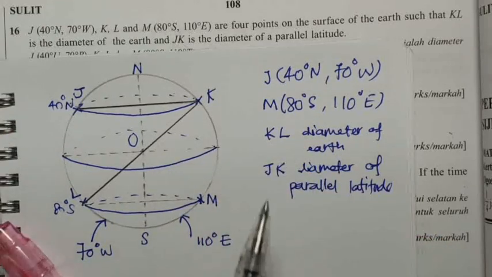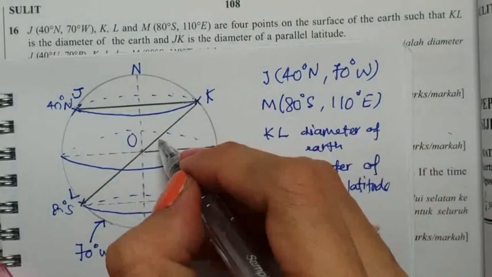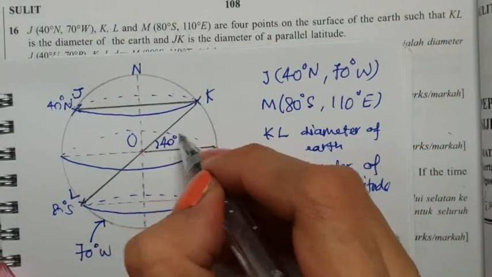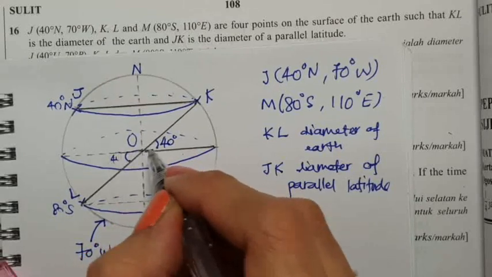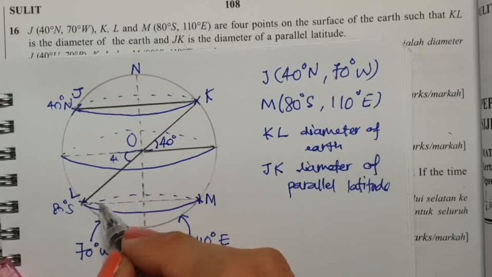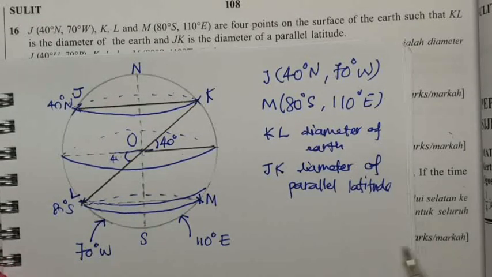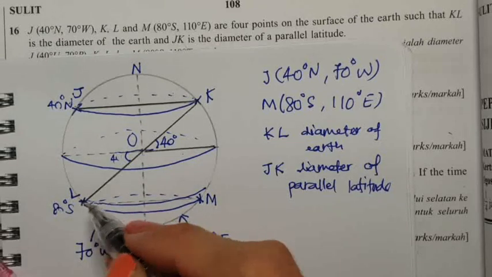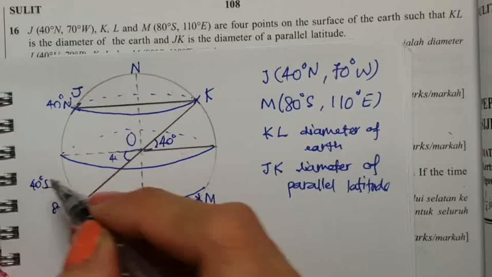Over here we know that this one is 40 degrees. That means we measure from the diameter here. This is 40 degrees. If this is 40, this is also 40 because it's a vertically opposite angle. Therefore this side is another parallel of latitude, and it should be 40 degrees south.